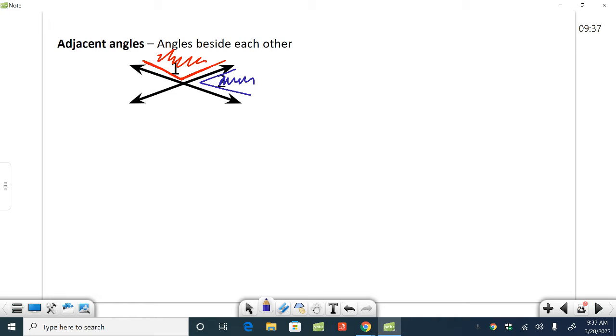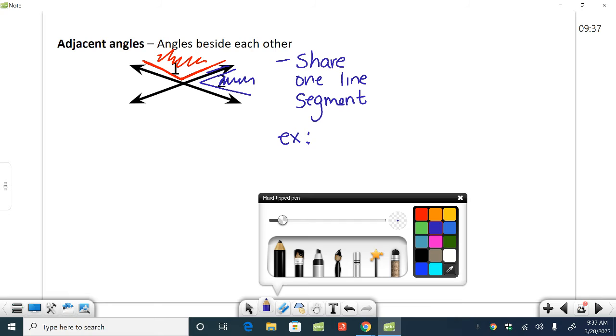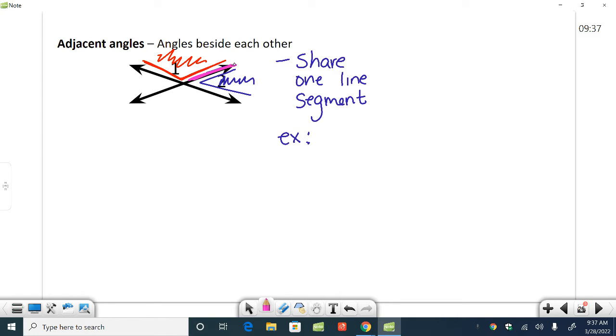Adjacent angles are two that are side by side. They have to share one same line segment. An example would be this line right here in the middle, which is the line that they share.